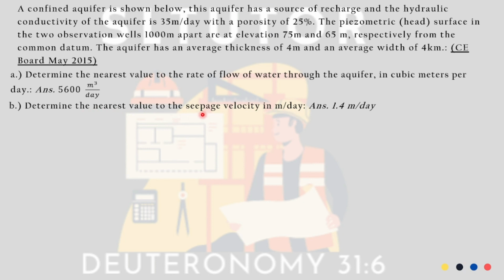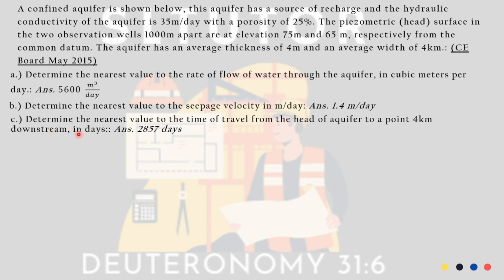Hinahanap naman po dito yung V sub S. And letter C, determine the nearest value to the time of travel from the head of aquifer to a point 4 kilometer downstream in days.